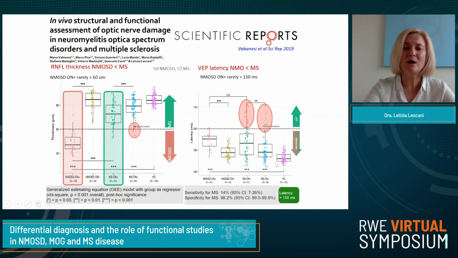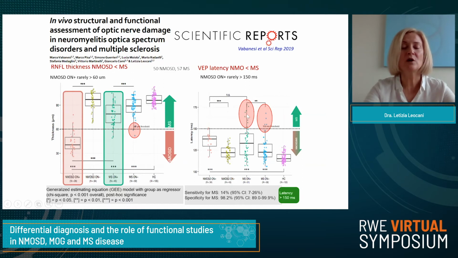And this is quite similar if we consider VEP latencies. Not so evident subclinical involvement in people with NMOSD, while there is quite relevant involvement in people with MS even without optic neuritis.